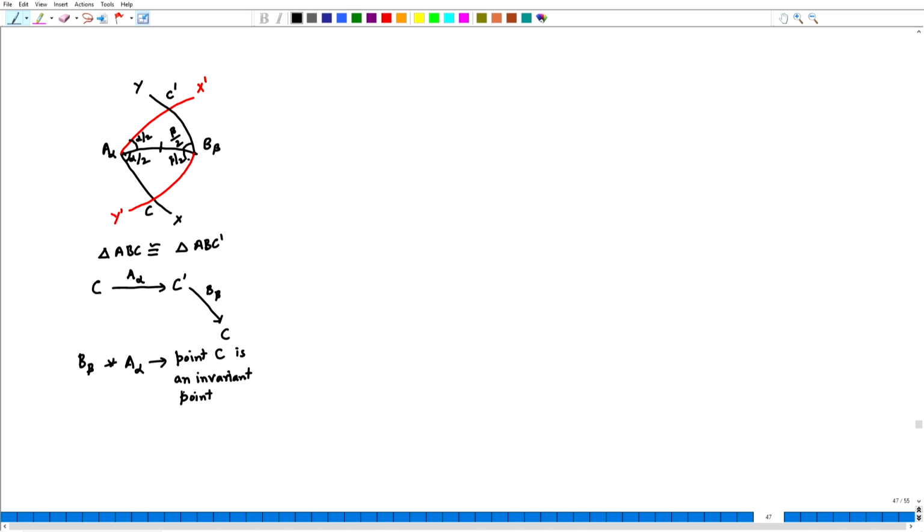And remember that we are looking for invariant points, because when you are talking about point symmetries, in this case rotation axes, wherever there is an invariant point, that is where the rotation axis would be located. So, indeed we have found the location of the third axis, and the third rotation axis is given by the pole C. So, I can now say that A alpha followed by B beta gives rise to a rotation axis at the pole C.